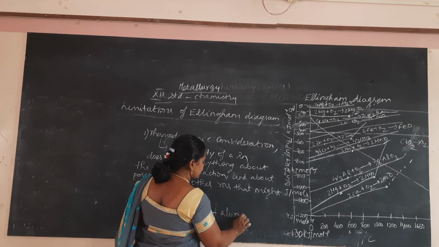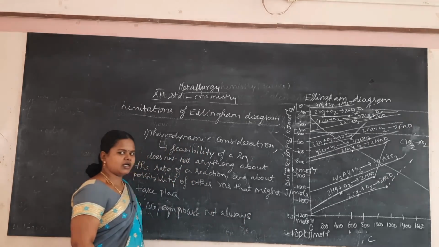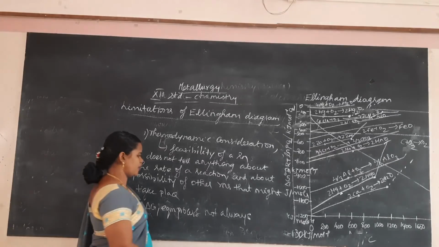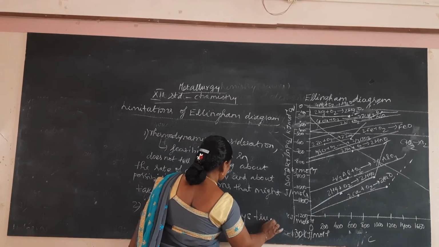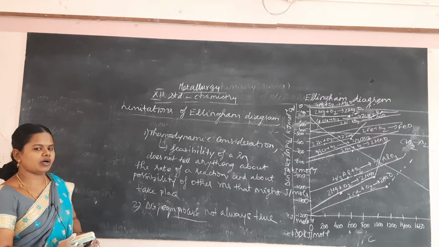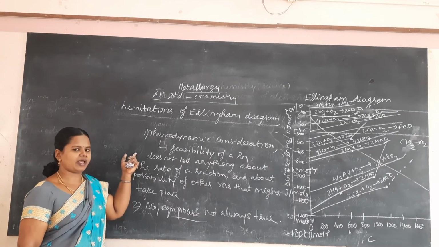The interpretation of del G is based on the equilibrium process, that is, the number of moles of the reactant will be equal to the number of moles of the product. That is not always true. These two are the limitations of Ellingham diagram.